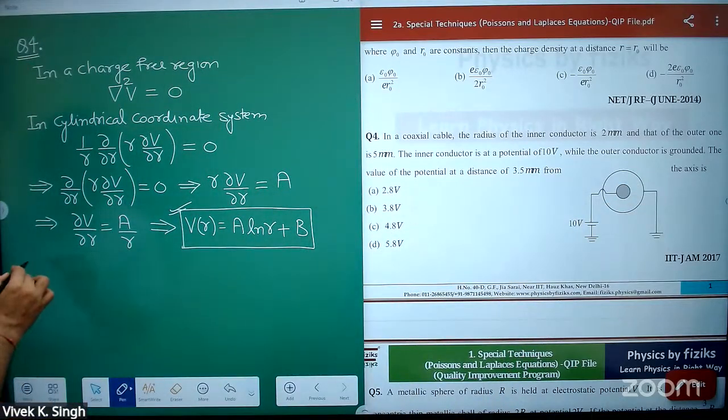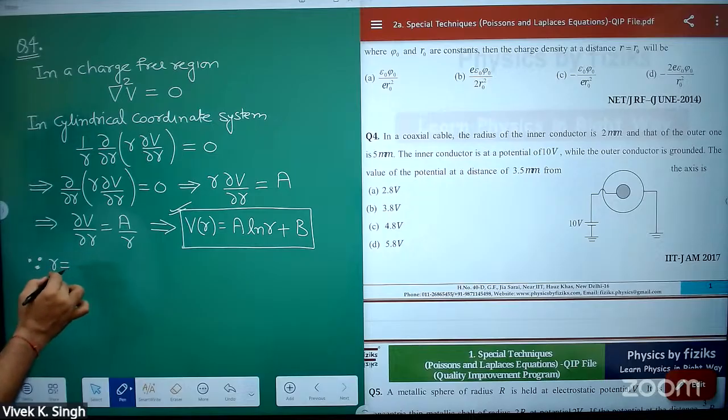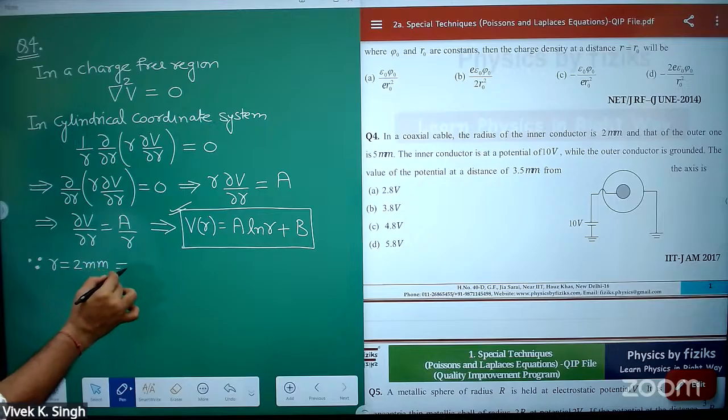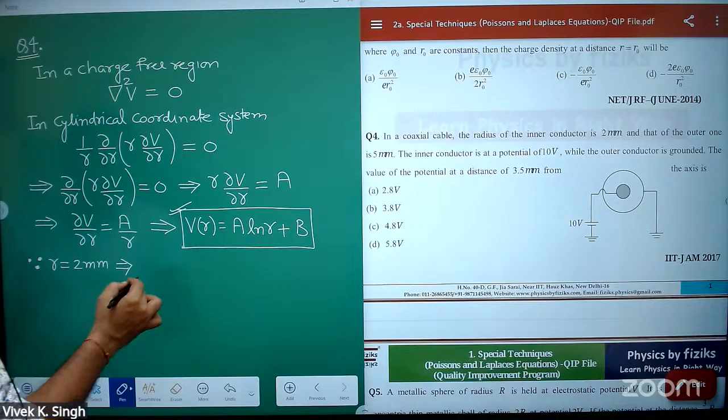So let's see, when R is equal to 2 mm, the potential is 10 volt.